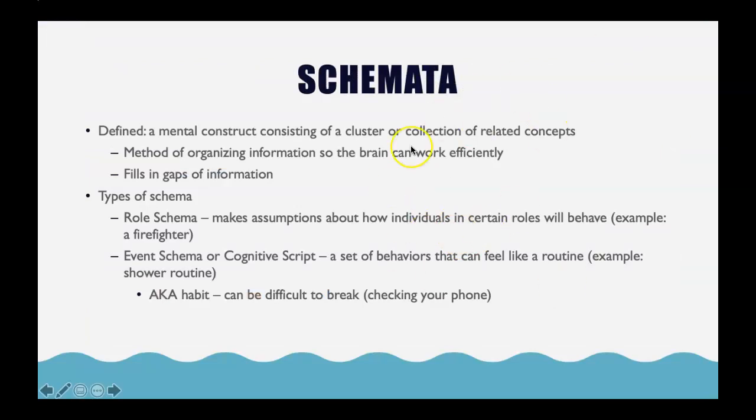Now, schemata, we kind of touched on this earlier, is a mental construct consisting of a cluster or collection of related concepts. So think of this as kind of like a bookcase that you've built up with all this information. You've collected all these books on a certain topic. That's kind of the idea of a schemata. Let's say you have a bookcase about nursing, because you're a nursing student.